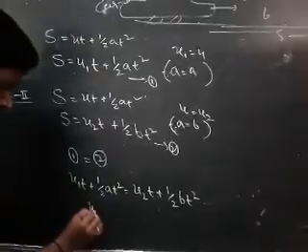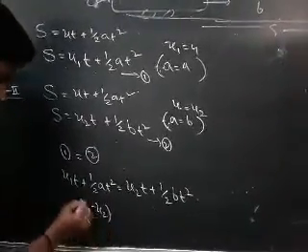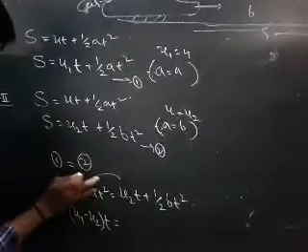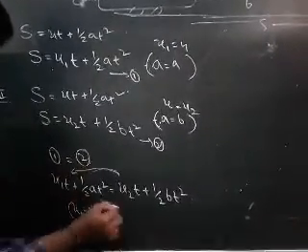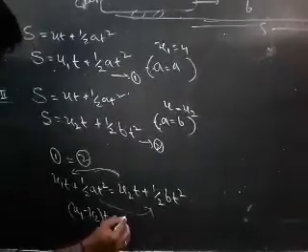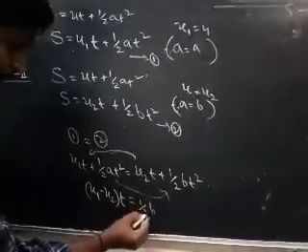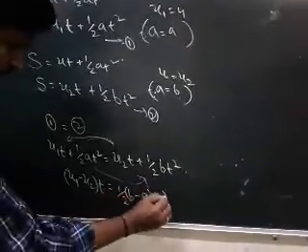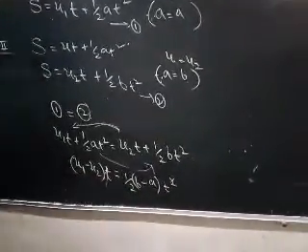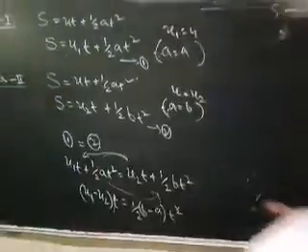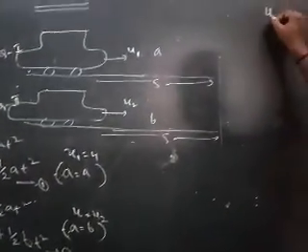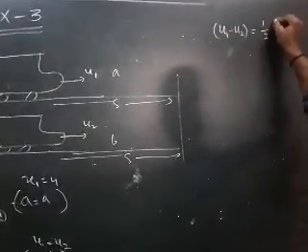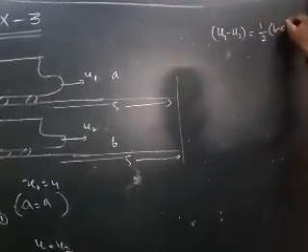Then u1 minus u2 into t, take to the left side; this value take to the left, this value take to the right. So therefore half into b minus a into t square, t gets cancelled. Then u1 minus u2 is equal to 1 by 2 into b minus a into t.